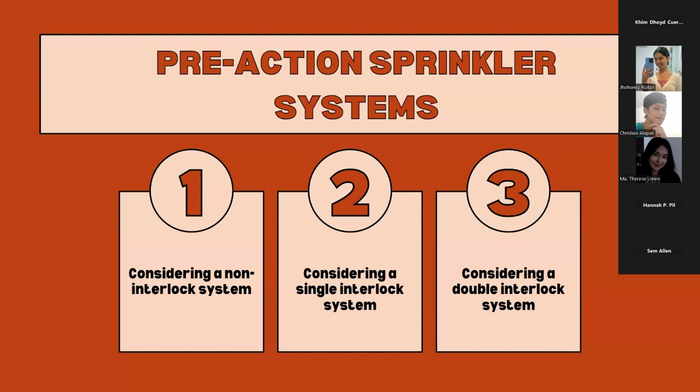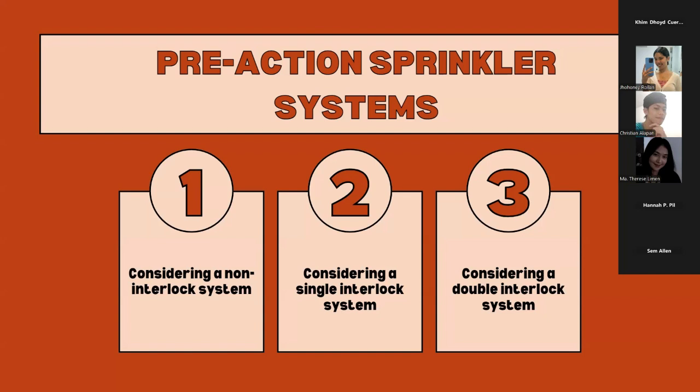So the second consideration is a single interlock system. In this system, the sprinkler system's valve is opened by a single fire alarm system detector. It means that one detector must activate to trigger the water release. The advantage is a quicker response.